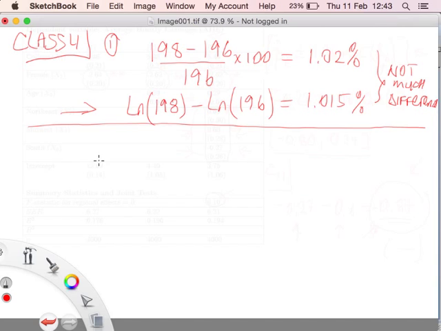Look at B now. B says, let's take 500. No, 250 would be enough, I think. Let's do 250. So 250 minus 196 over 196.